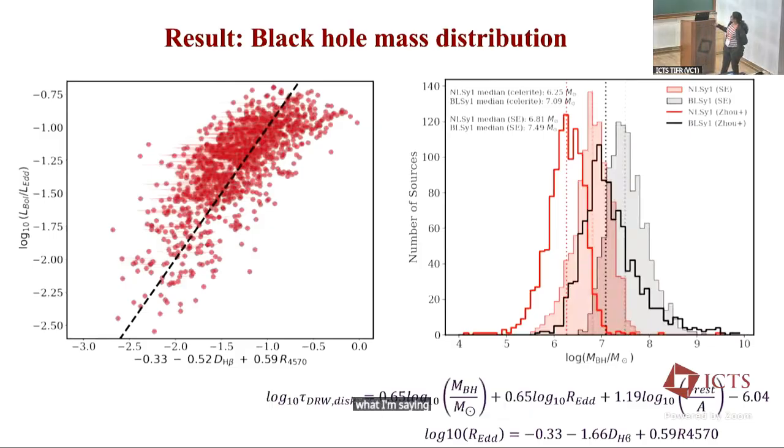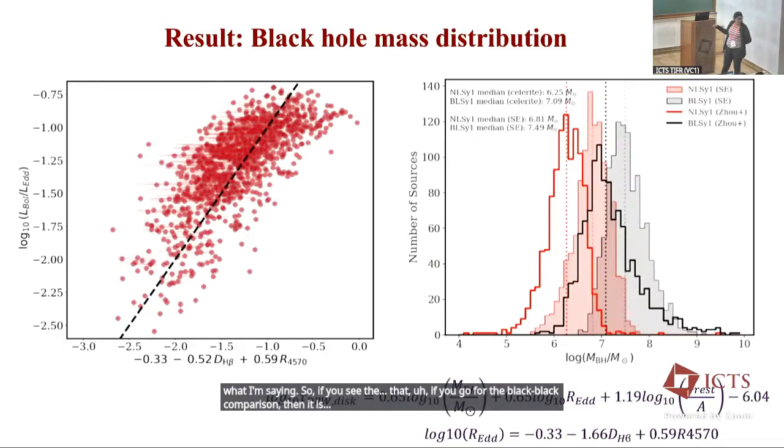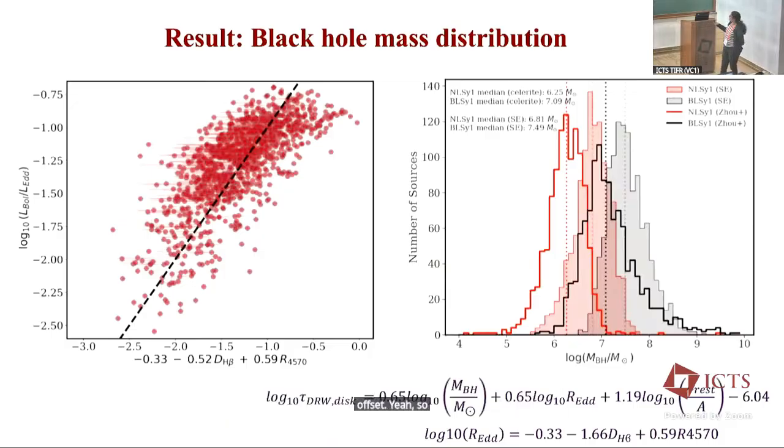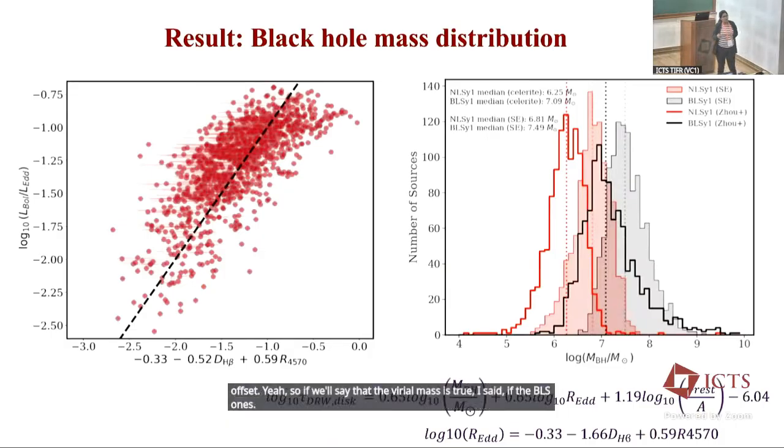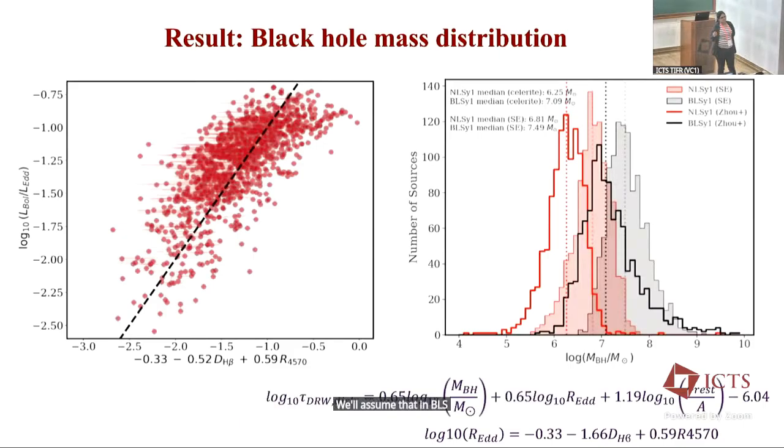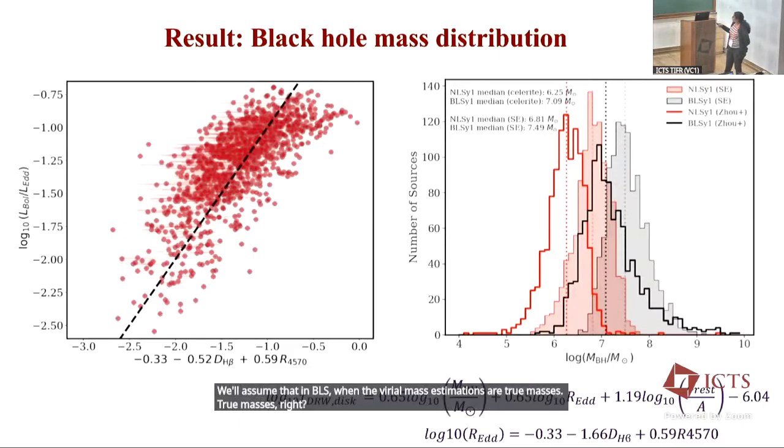If you go for the black comparison, then it is an offset itself. So if we assume that in BLS1 the virial mass estimations are the true masses, then the DRW masses are offset, on the lower side of it. Oh, so this is irrespective of any sample.